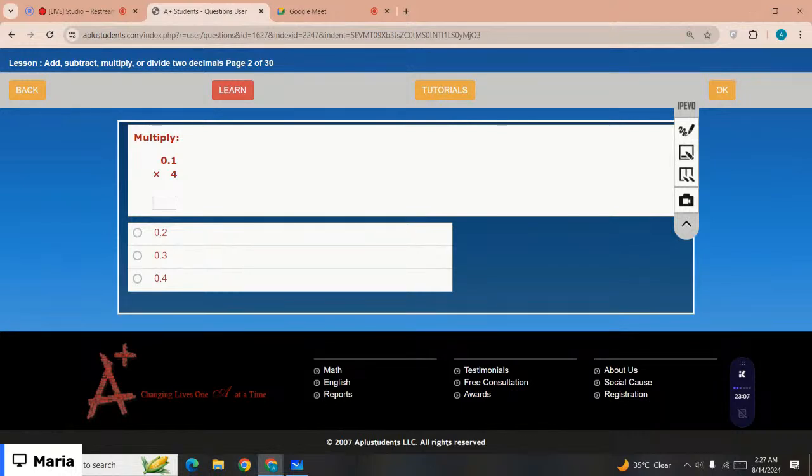So which is the correct option? Yes, the correct option is 0.4. Option number 3 is the correct option. Very good.